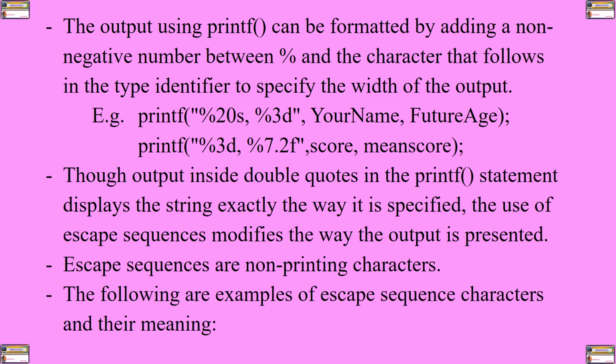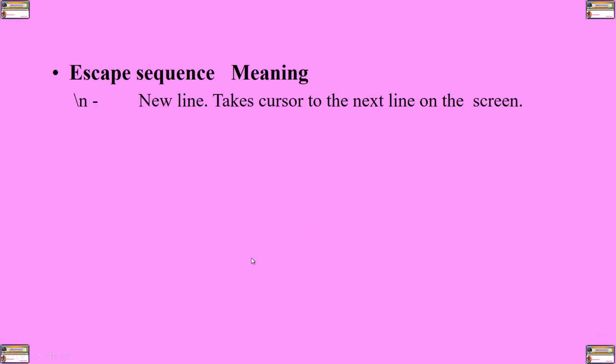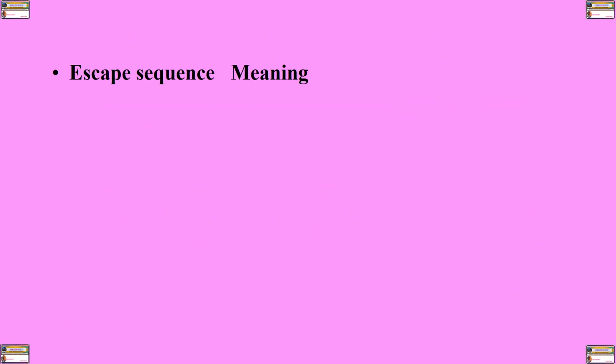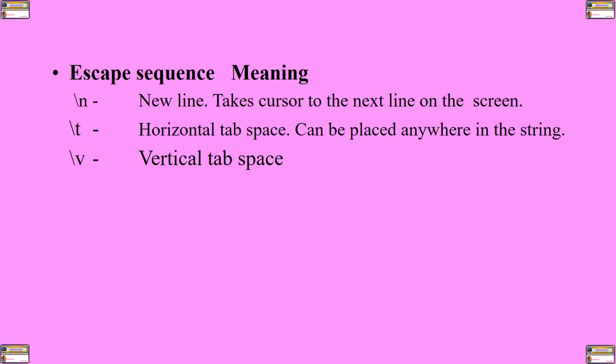And the following are some examples of escape sequence characters that you can make use of and their meaning. So in your statement, if you have printf and then you have the \n, this is read as a single character. It is called a new line escape sequence character. When you add it to your statement, it simply takes the cursor to the next line on the screen.